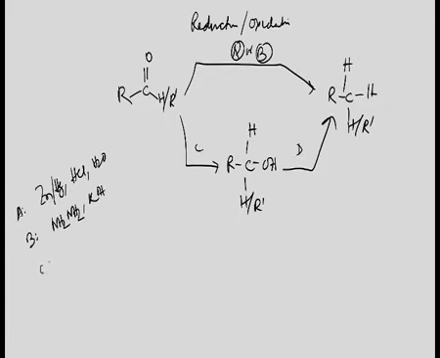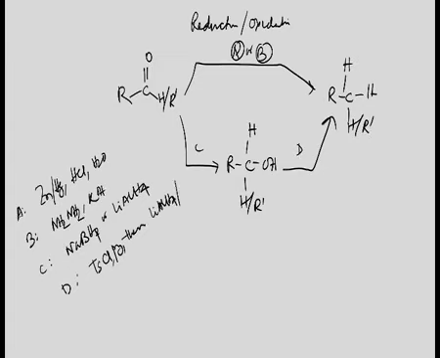Now the reduction we know, sodium borohydride or lithium aluminum hydride, and D will be, so here you have to put a tosyl group, and then the OH group can be removed to the alkane, then lithium aluminum hydride or sodium borohydride.